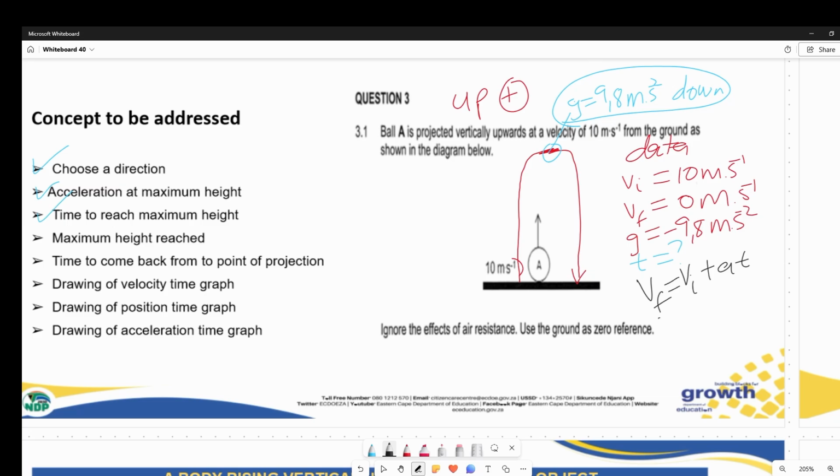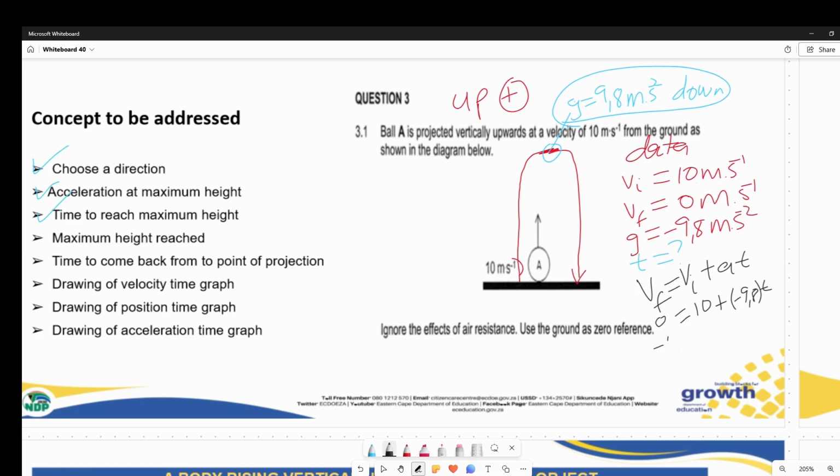Then the final velocity is 0, which equals the initial velocity, 10, plus negative 9.8 t. Now from here we're solving for t, so we transpose 10 to the other side.